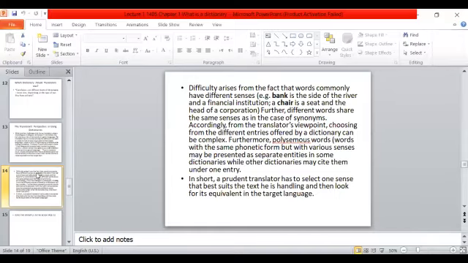Furthermore, polysemous words with the same phonetic form but with related senses may be presented as separate entities in some dictionaries, while other dictionaries may cite them under one entry. In short, a prudent and wise translator has to select one sense that best suits the text he is handling and then look for its equivalent in the target language.